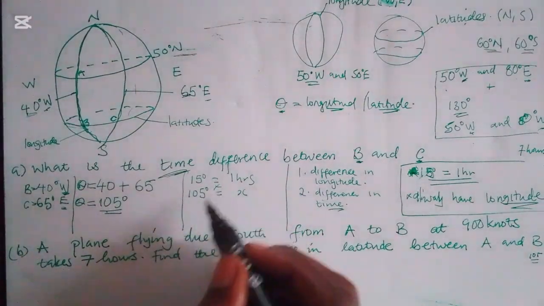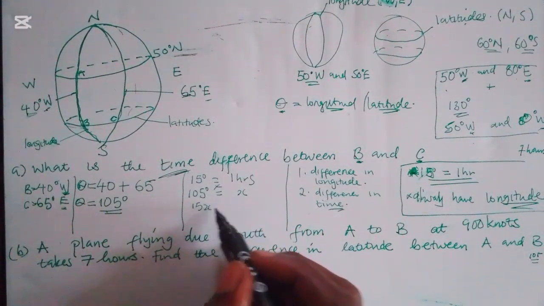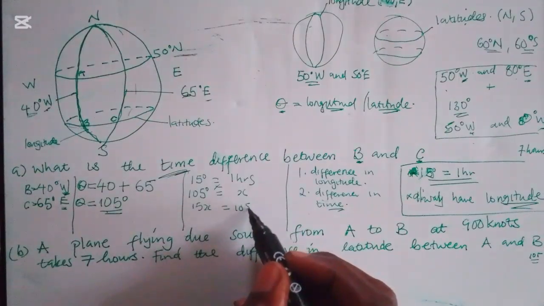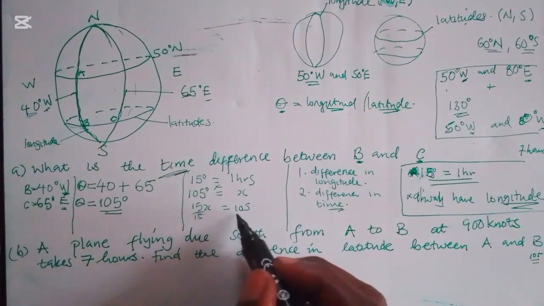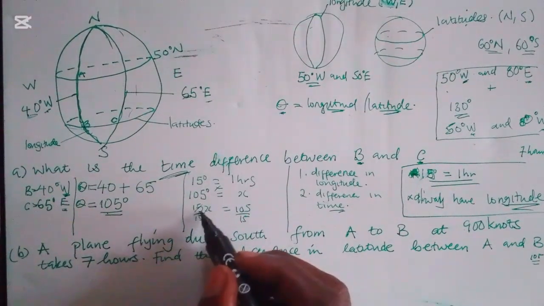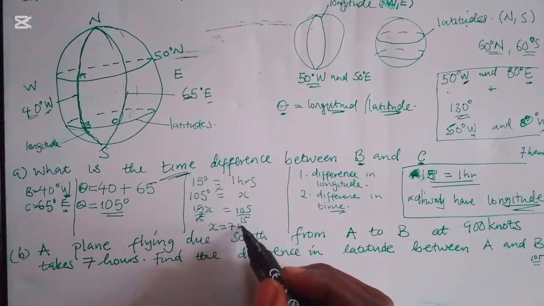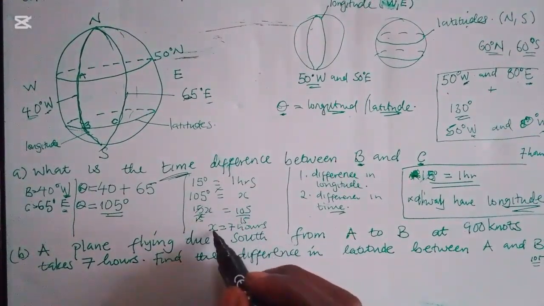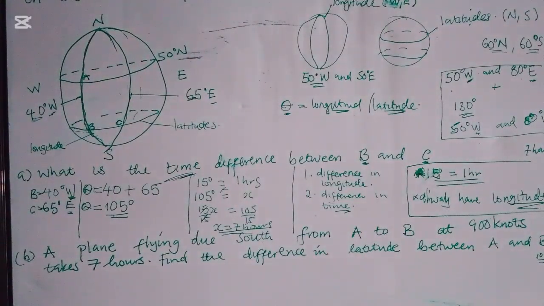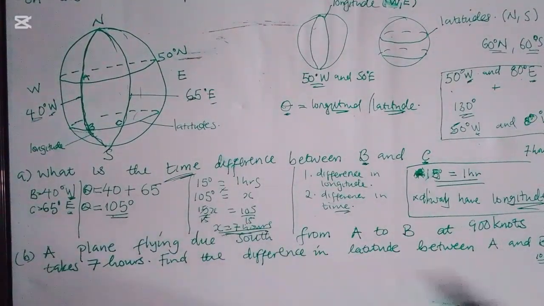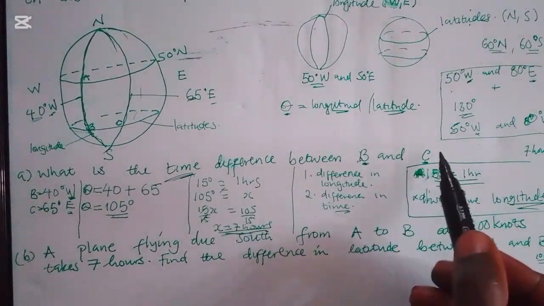Here you cross multiply, so 15x should be equal to 105. Then you divide by 15, you divide by 15. You find that x is equal to 7 hours as our time difference between B and C.